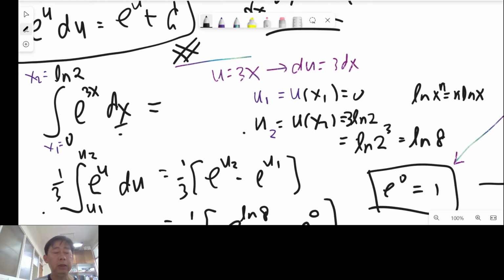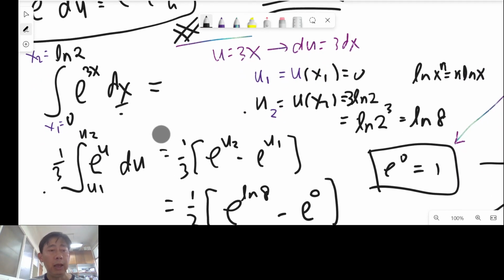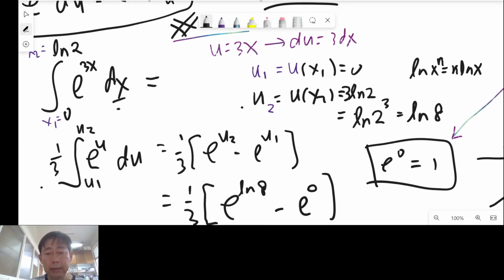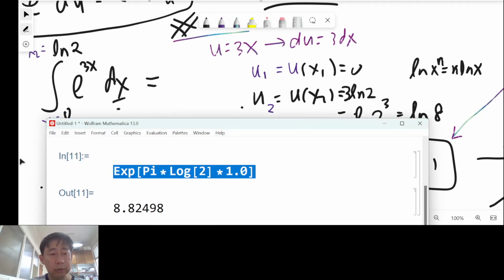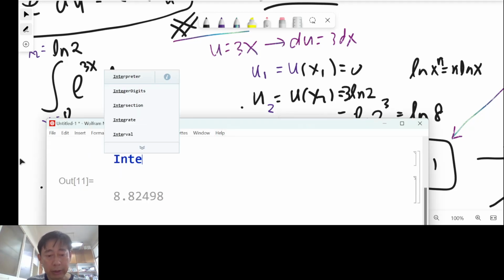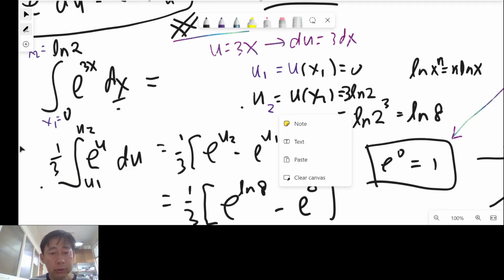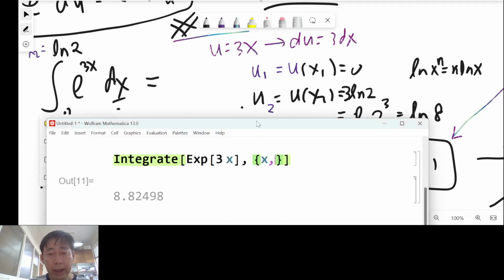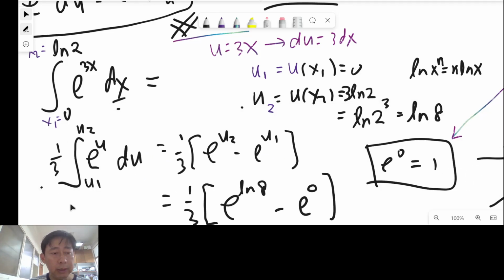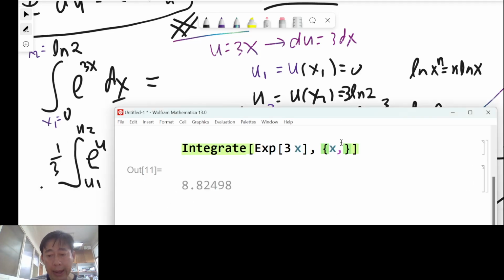So I'm integrating the exponential of 3x from 0 to log 2. Let us try to verify this using Mathematica. This is always possible. So let me integrate the exponential function of 3x, and then you let x go from x1 to x2, where my x1 is just the value 0, and x2 is the log of 2.